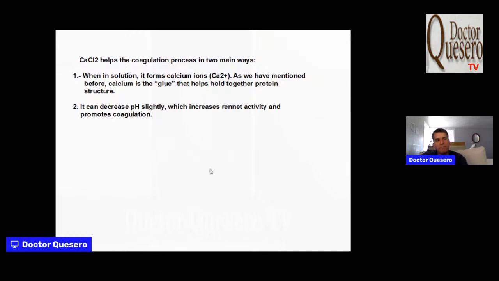By being over pasteurized, your protein is too much denatured, and you have lost a lot of calcium, more than usual. So you have to recombine and put back the calcium into the milk, and maybe you have to increase it a little bit more.